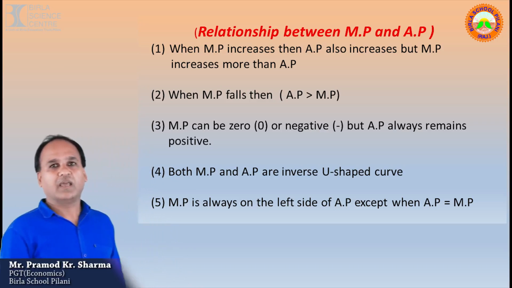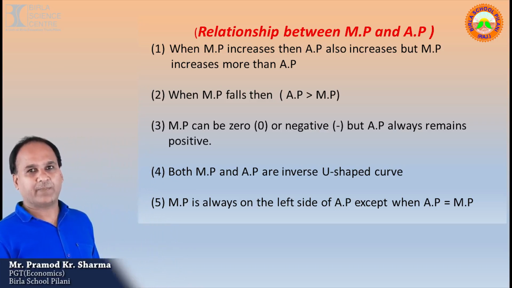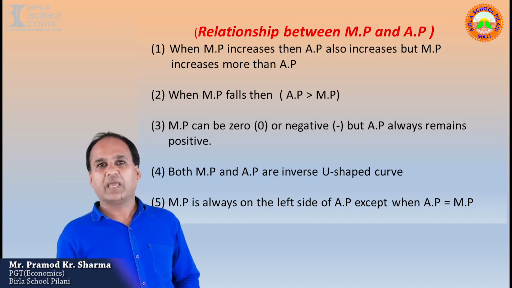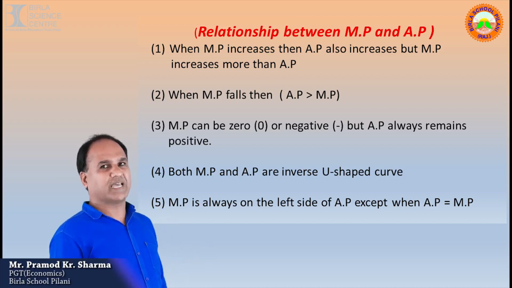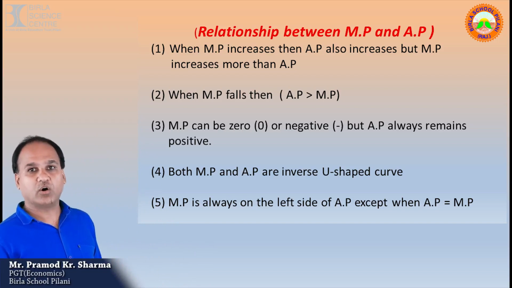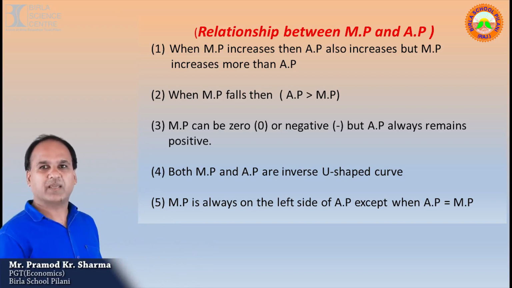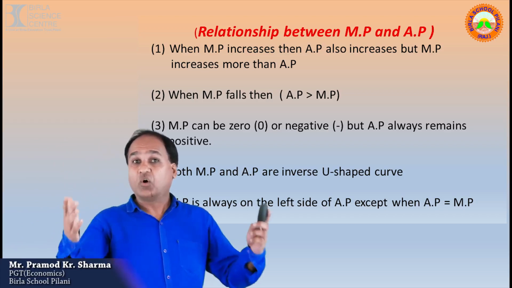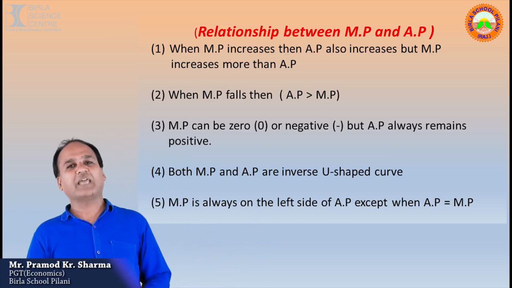Fourth relation, both MP and AP are inverse U-shaped curves. And the last one, MP is always on the left side of AP, except when AP is equal to MP. Hope you must have enjoyed the topic. Thanks to all of you.